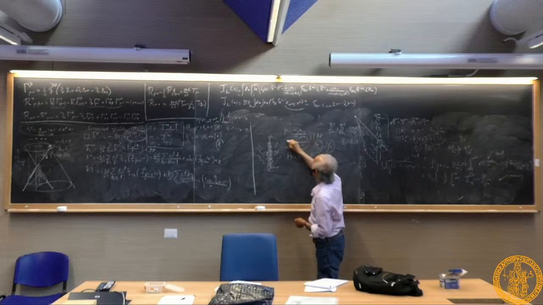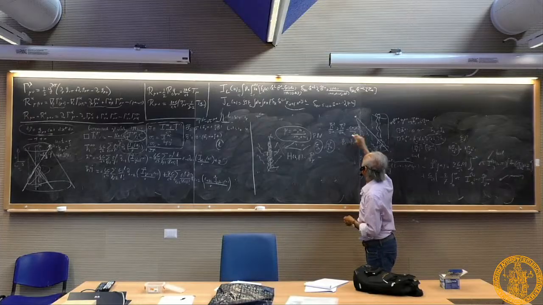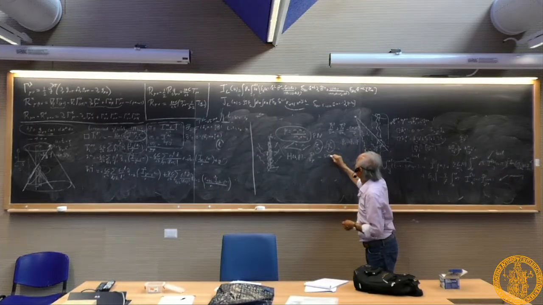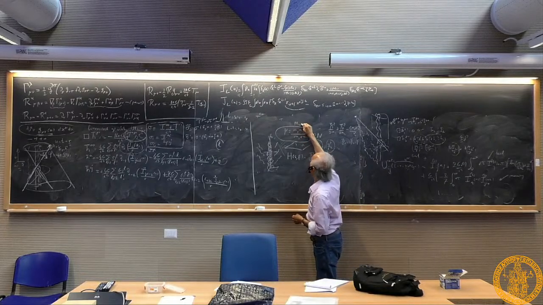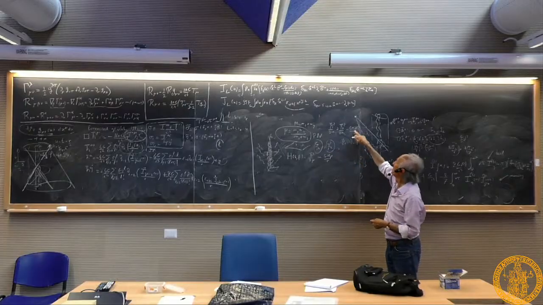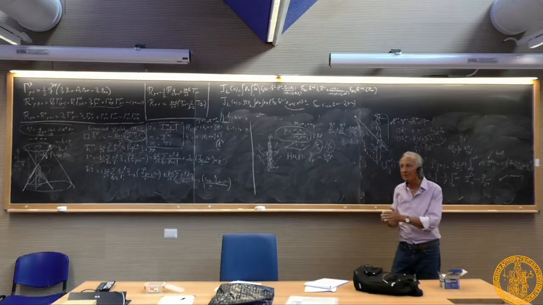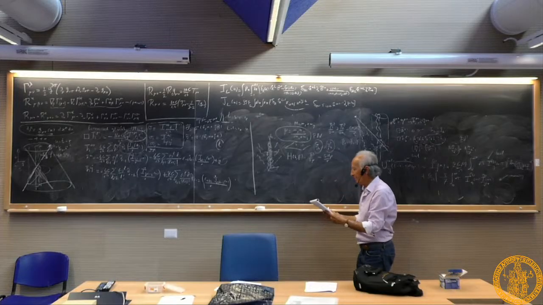We will keep this definition. And the second term becomes minus G m mu over r, where m is m1 plus m2, and mu is m1 m2 over m. Okay, so this is the Newtonian Hamiltonian.